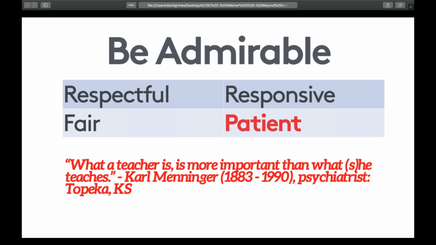Being patient and being available, kind of back to being responsive, is knowing that some people need a little bit extra time to learn, being available before or after class, being patient as a student struggles a little bit, but making sure they can overcome whatever hurdle they're facing. Also focus on encouraging students who are going through that process, and not encouraging them only when they reach the end.